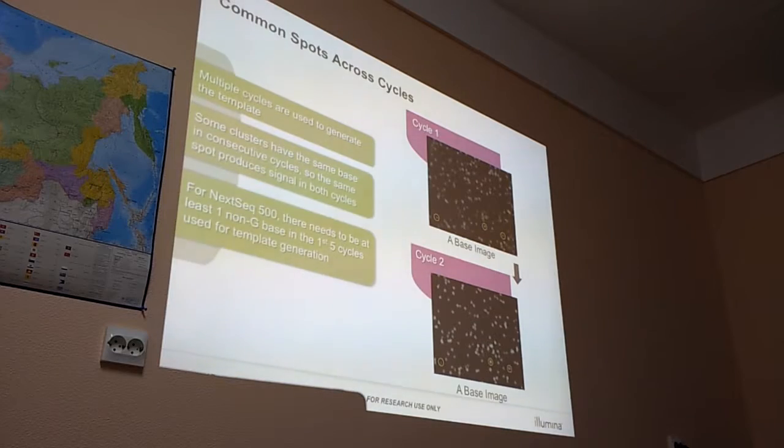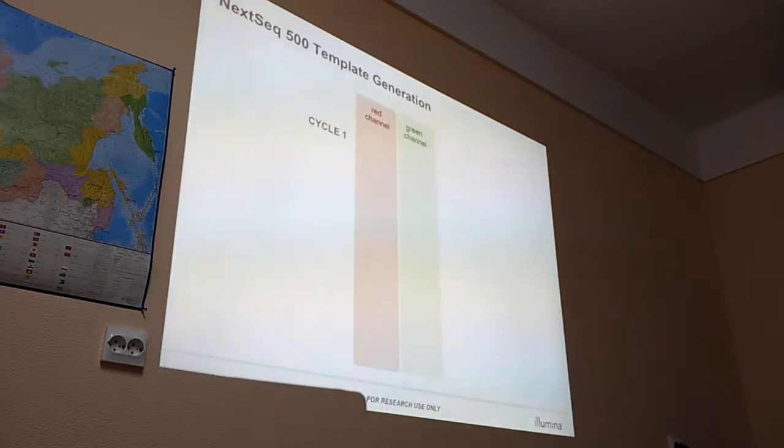So one has to be at least something else. And this is why index 705 does not work. So all others work for the NextSeq, but this one you should not use. So that's the principle.